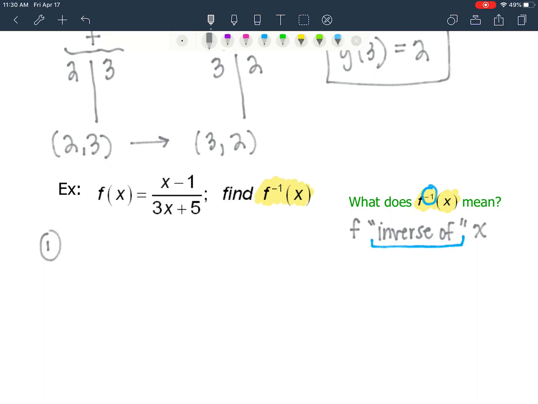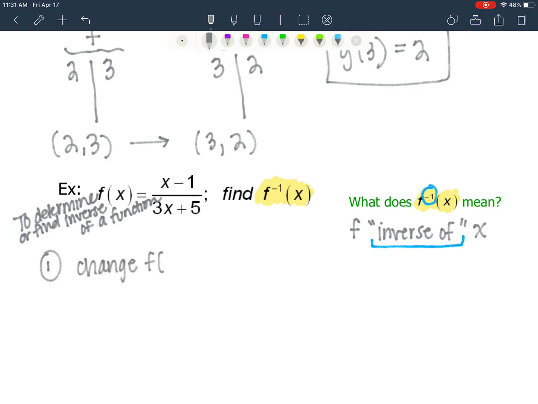So the steps that we're going to take to find an inverse, to determine or find the inverse of a function, are these. We're going to change f of x to y.